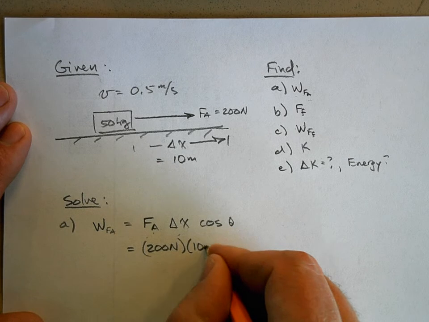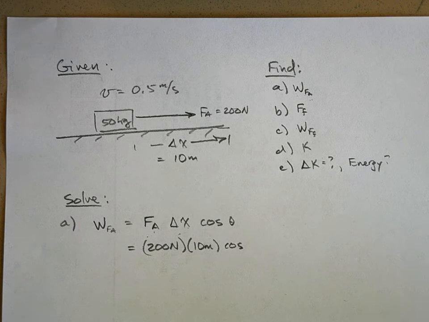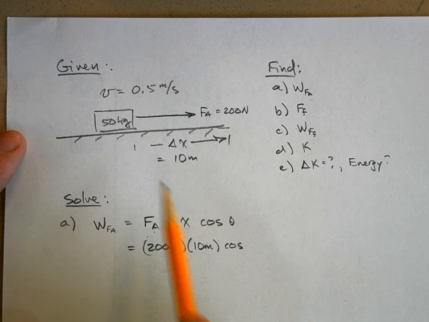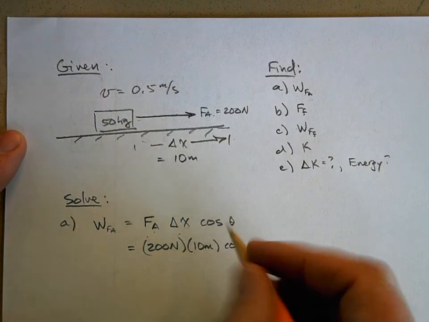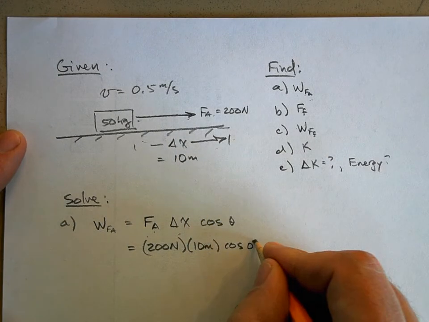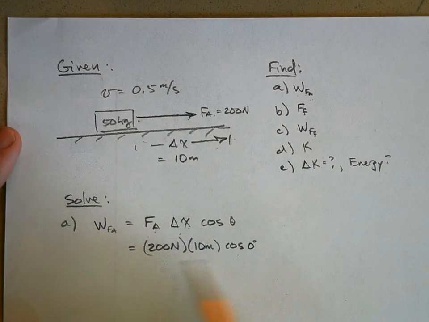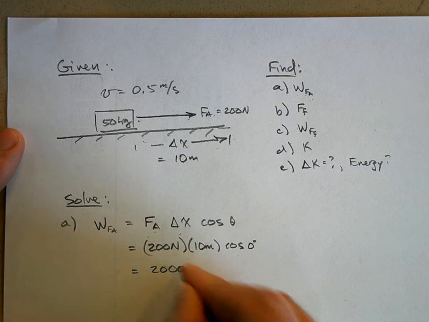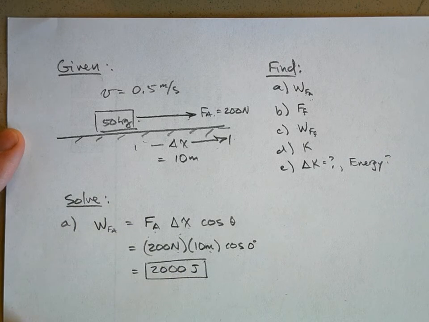It's given to be 10 meters. Don't forget to think about the angle between them. Even if it's obvious, I always write it down to remind myself to think about the angle between them. Well, the force is to the right, the displacement's to the right, so the angle between them is 0. If I hook these two vectors up tail to tail, you get an angle of 0. Of course, the cosine of 0 degrees is 1, so it doesn't change this. And this is going to be 2,000, and a newton times a meter is a joule. That's my answer for part A.